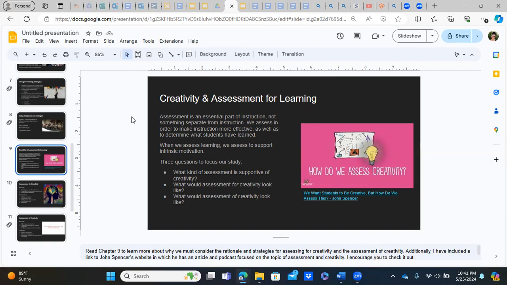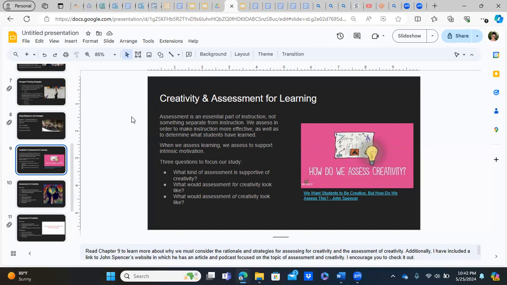So assessment of creativity is an essential part of the instructional decision-making we use to build creativity into our learning activities, into the very atmosphere, the discussions and strategies, the way we teach, the way our students learn.